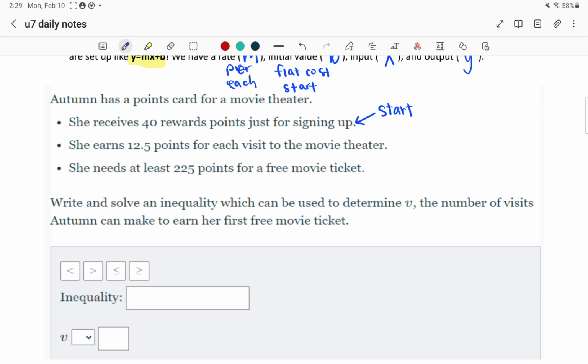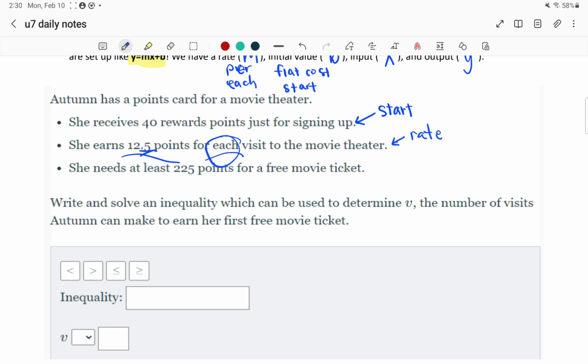Okay. She earns 12.5 points for each visit to the movie theater. That's screaming at me that that's the rate. And I know that because of the word each, and I have to go to the movie theater more than once, and every single time I go, I'm getting 12.5 points each time.